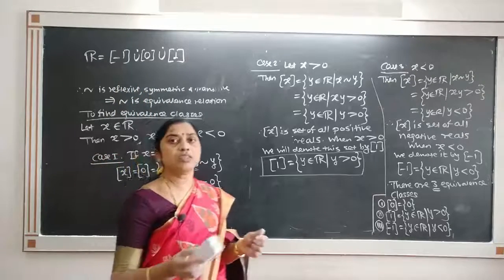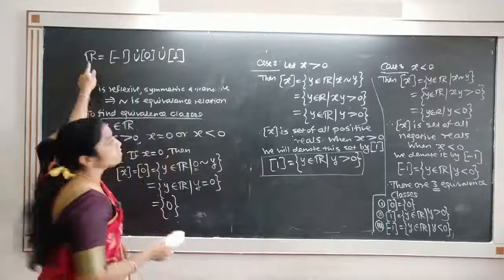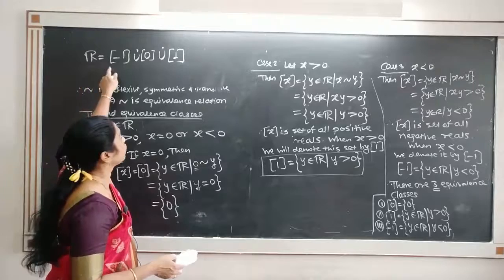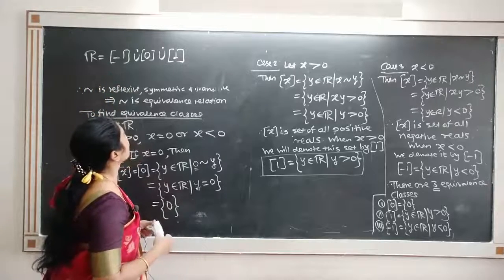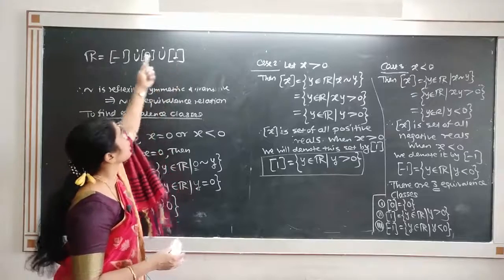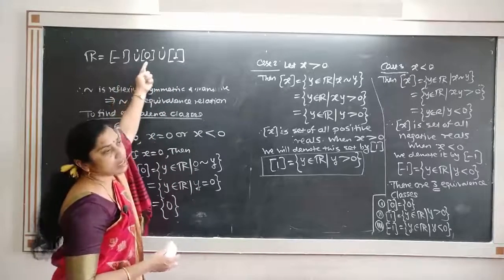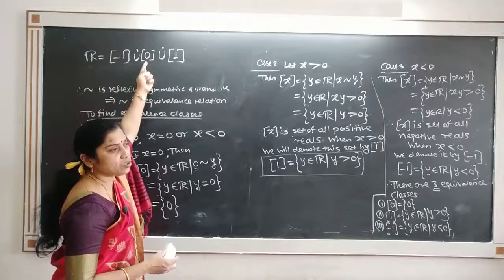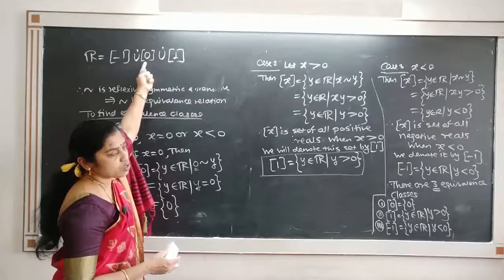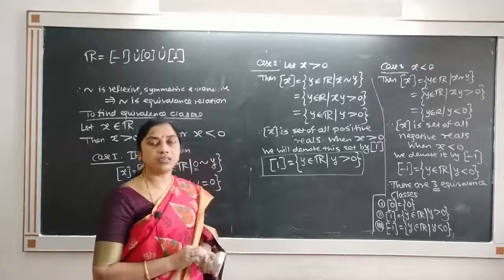Positive reals, negative reals and 0 give the total real number system, and therefore we get the equivalence classes: positive reals we denote by 1, negative reals we denote by -1, and singleton 0 we denote by 0. These are the only three equivalence classes in this example.